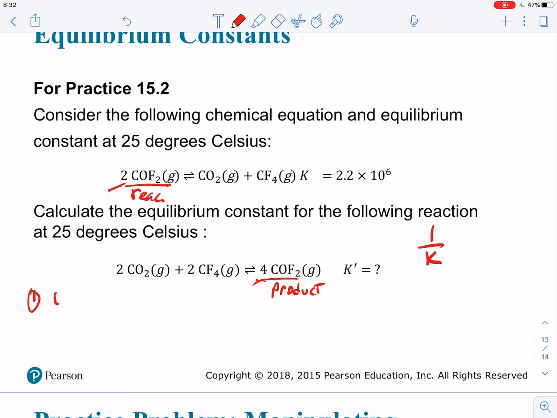So step 1 was to invert, and step 2 is times 2. So here K prime is going to be 1 over K squared. I will let you do the calculation.